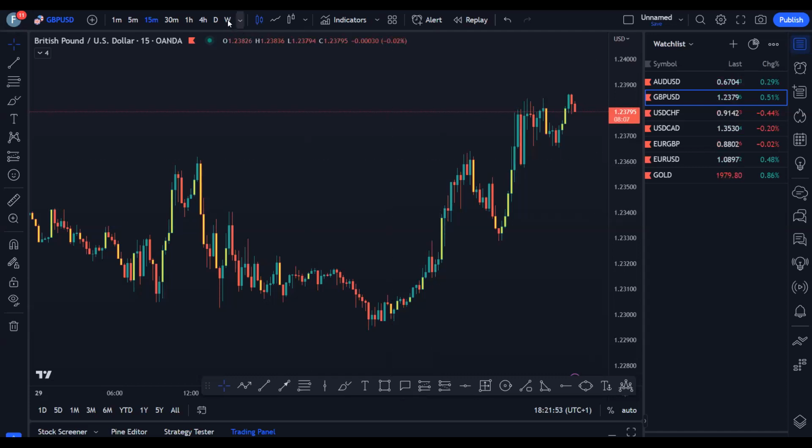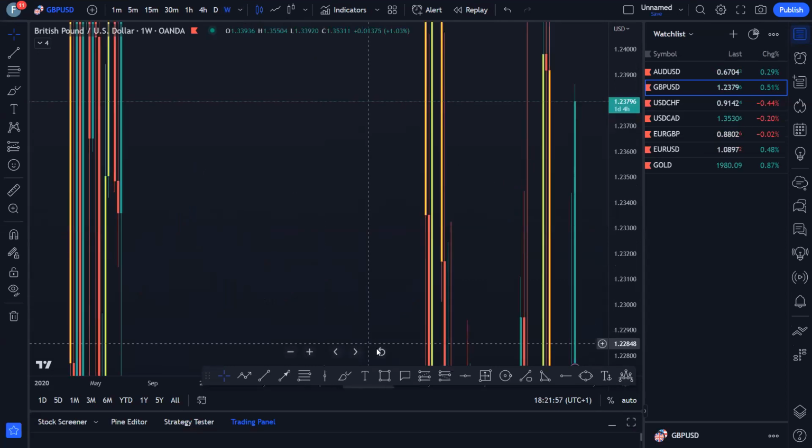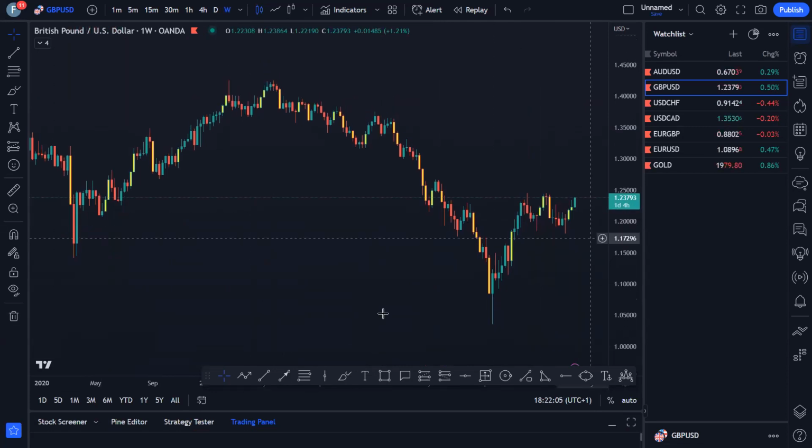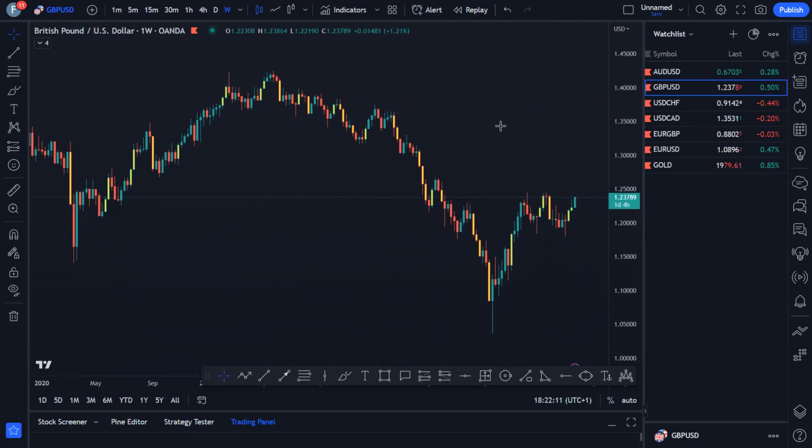So I have to look at what's going on the weekly chart. I might not take any setup on the weekly, but just to have a feel as to the direction of price, what price is doing. So that's why I do the weekly.